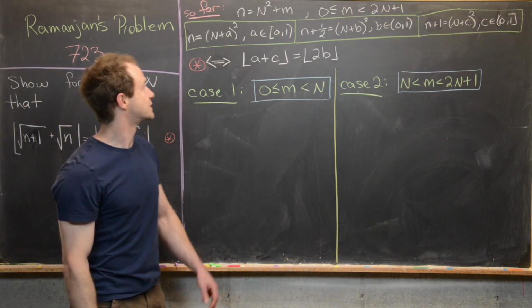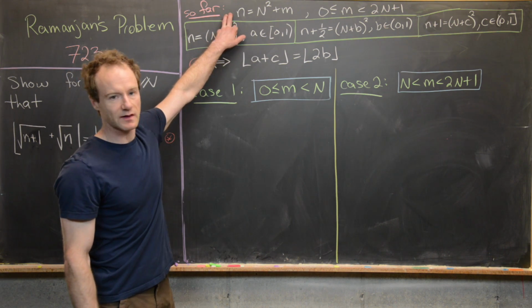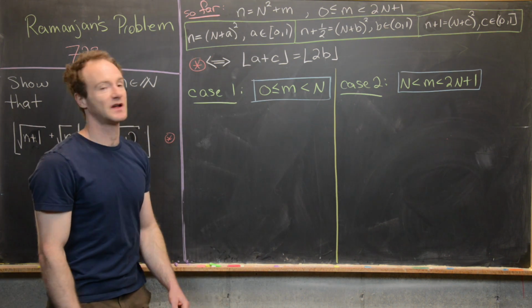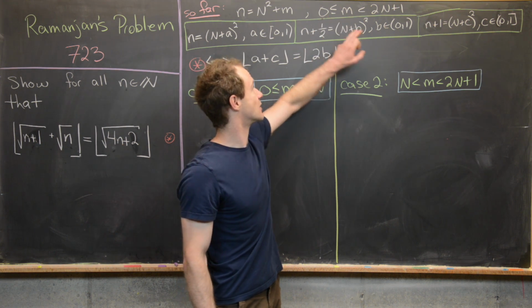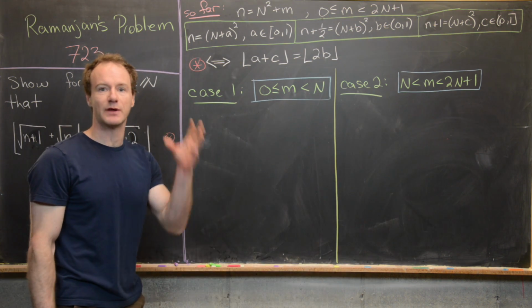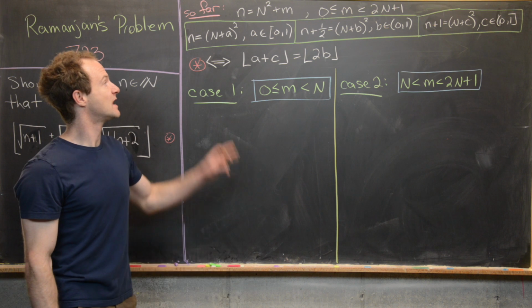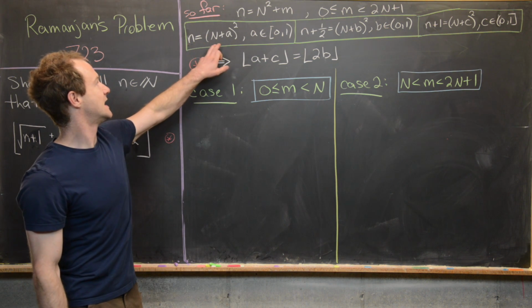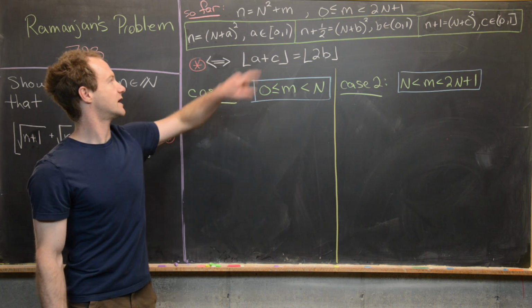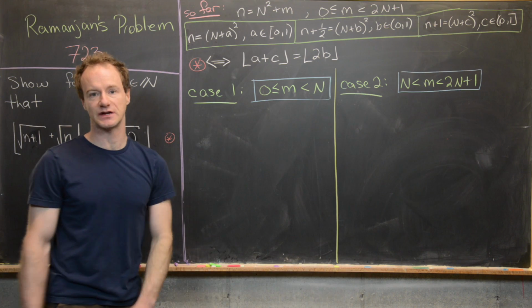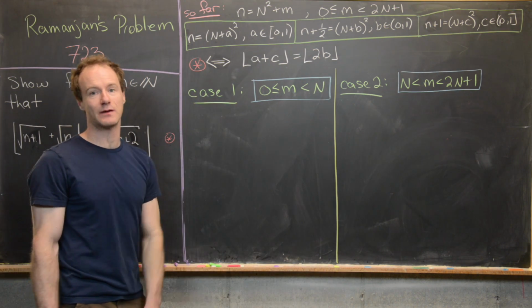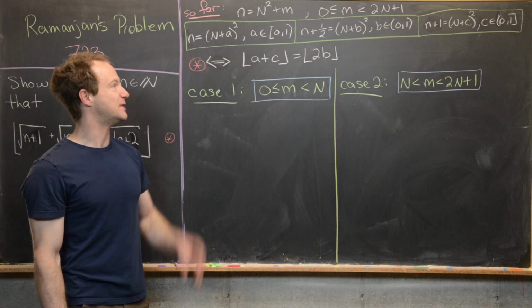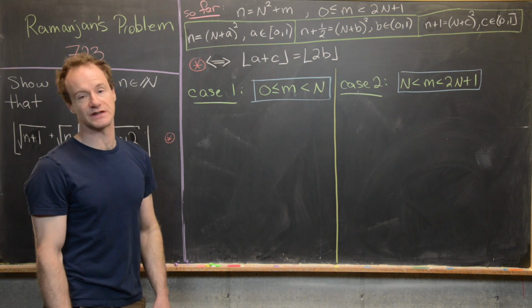So let's see where we are so far. So we assumed that we could write little n as capital N squared plus m. m was between 0, it was possible to be 0, up to 2N plus 1, but it could not be 2N plus 1. Then we rewrote little n as capital N plus a quantity squared. a was on the half open interval 0 to 1. We wrote n plus half as capital N plus b quantity squared. b was on the open interval 0 to 1.